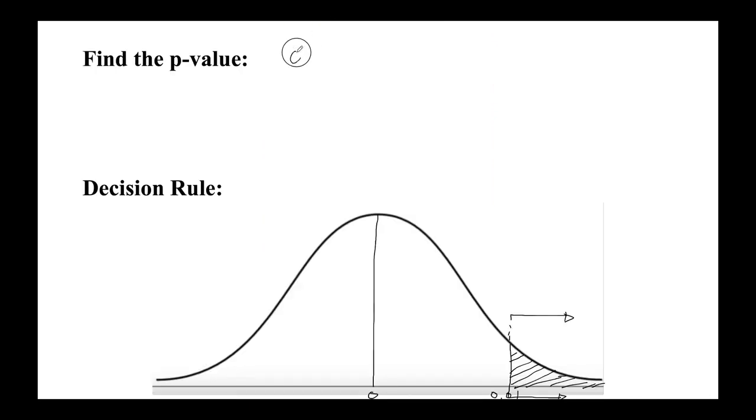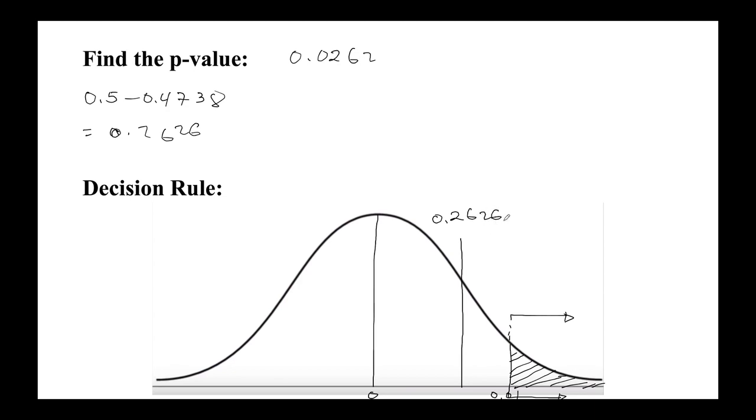Write natin dito, 0.0262. Paano ulit nakuha yan? 0.5 minus 0.4738. Ito yung p-value. Nasaan siya? If we were going to have this in the graph or in the distribution, dito siya banda. So, this will be 0.0262.